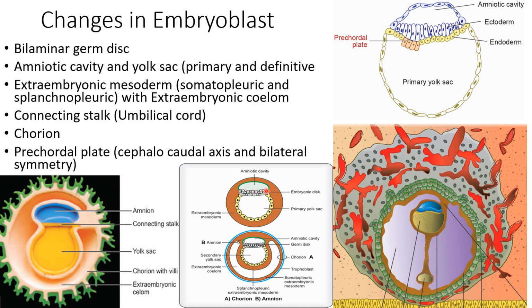Okay. After that, the mesothelial cells, they are derived from the cytotrophoblast, and they will line the inner aspect of the cytotrophoblast. It is known as Heuser's membrane.